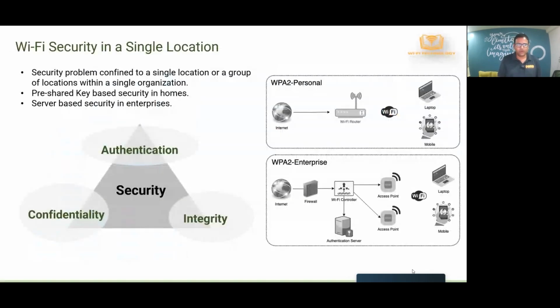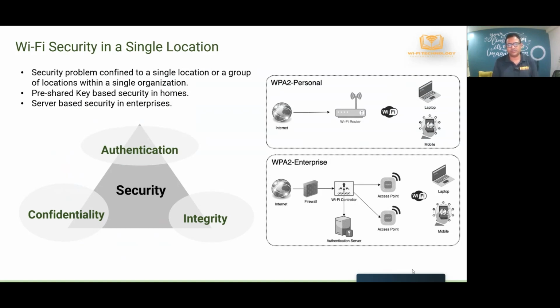Okay, jumping into today's session, it's a slightly different area of security. We're not really talking in detail about the security itself, but it's very much related to security, and that's the reason why we put this topic in this module. So far, everything we talked about is security in a single organization or a single location.